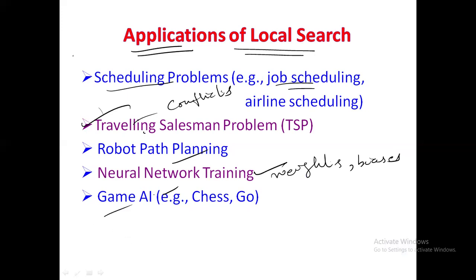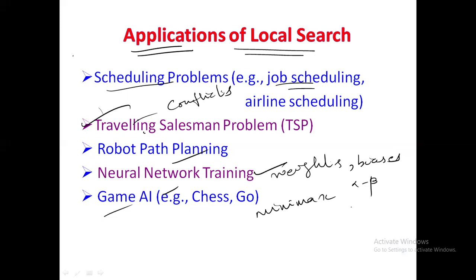The next application is game AI, for example, Chess and Go. Local search is crucial in game AI where algorithms like minimax with alpha beta pruning and Monte Carlo tree search help AI make strategic decisions.